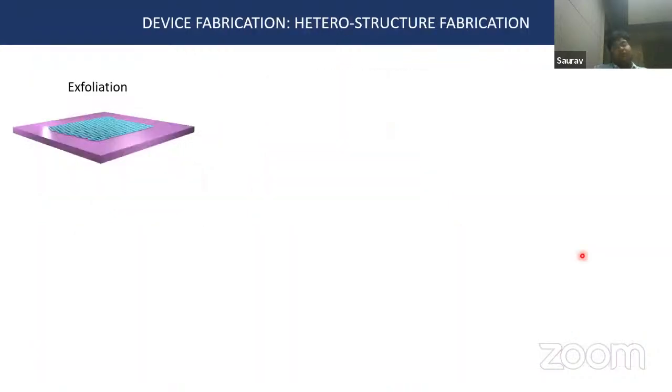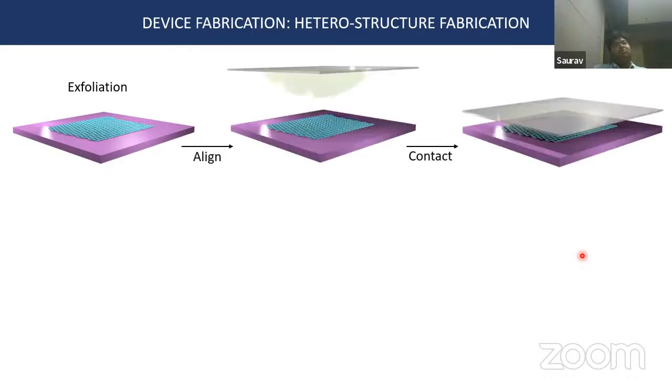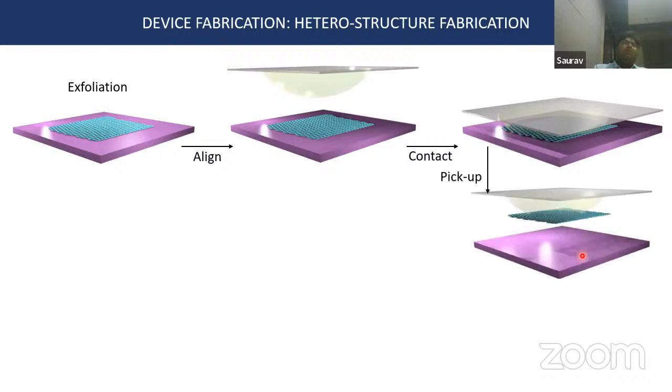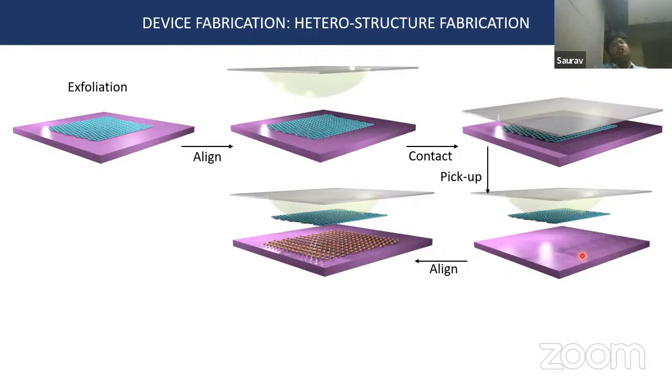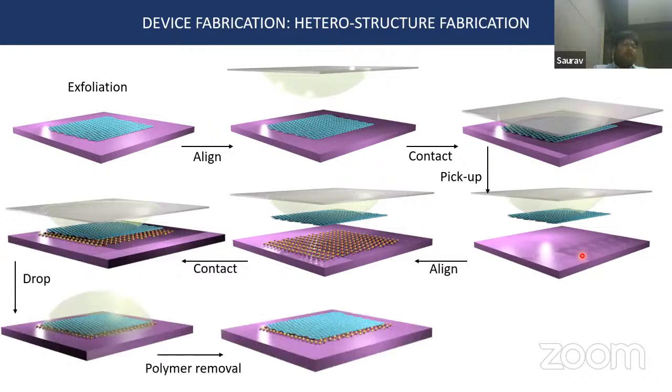In certain cases, we have to do heterostructure fabrication. So we repeat this process for different kinds of materials. We exfoliate one kind of material on SiO2, then we pick it up, using a polymer or a glue to essentially pick it up below a microscope. Then we put it on top of another material which has been exfoliated on another substrate. We pick them up and then drop them on a pre-patterned substrate.